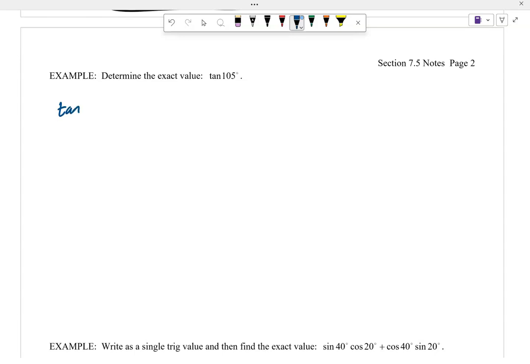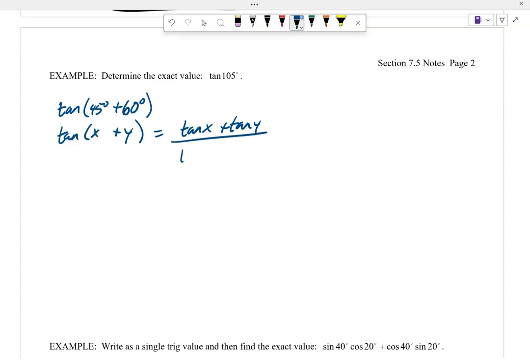So tangent of 45 plus 60, 45 and 60 are on my unit circle. And then look up the formula, tangent x plus y. You go and reference your notes, which say that is equal to the tangent of x plus the tangent of y all over 1 minus tangent x tangent y.